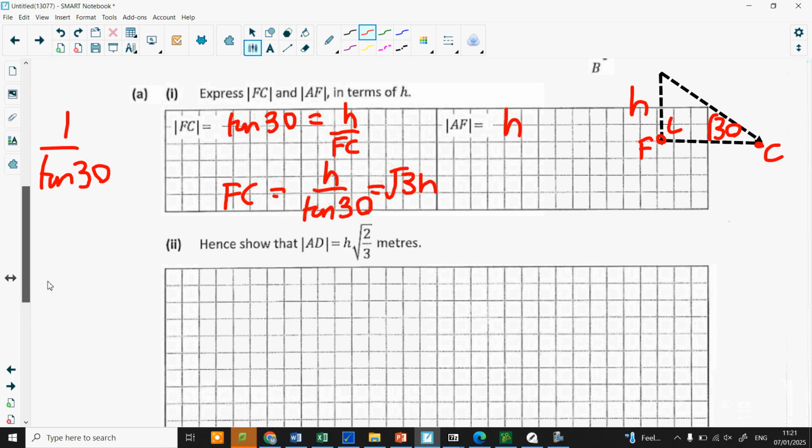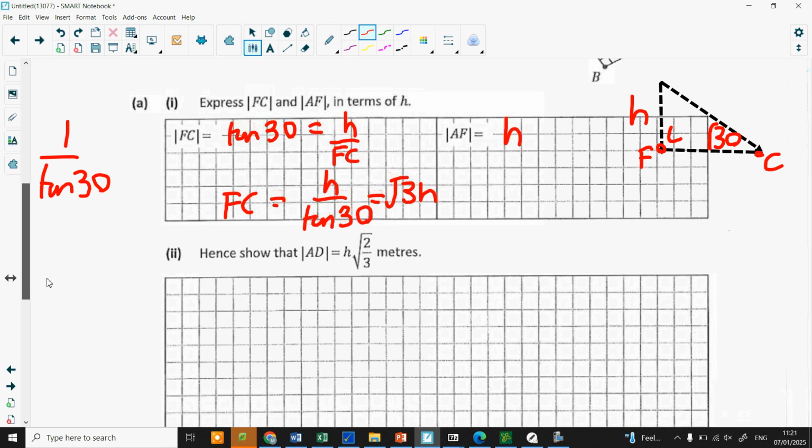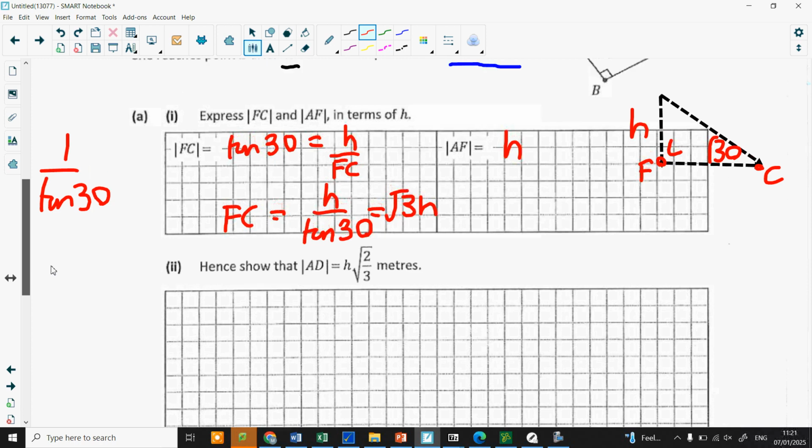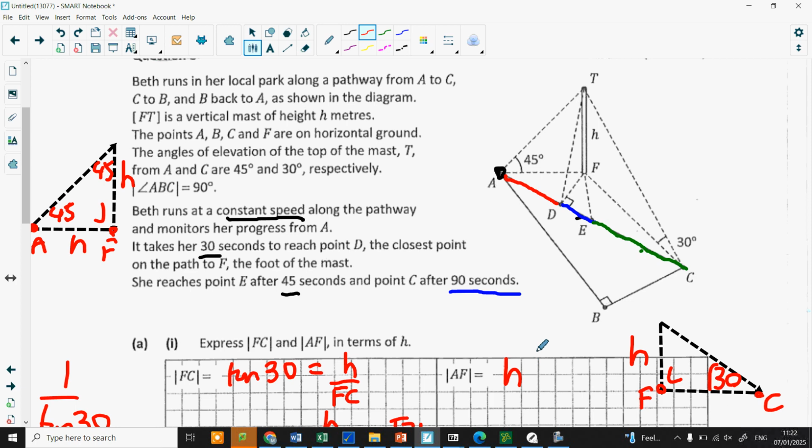Now, next thing. Hence show that AD is H times root 2 over 3. Now, AD, where's AD located? AD is here, isn't it? Yeah, exactly. AD is this one, yeah?